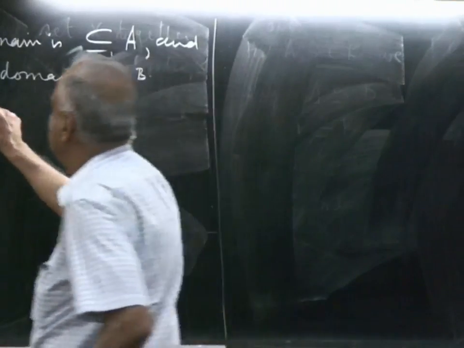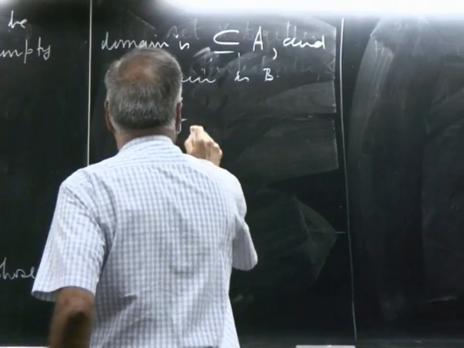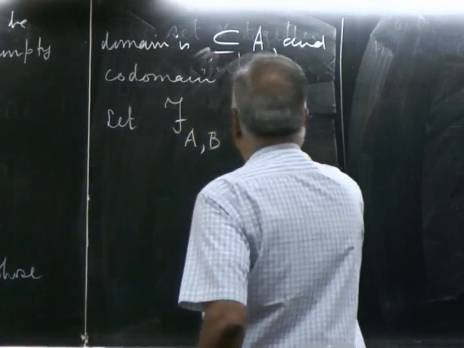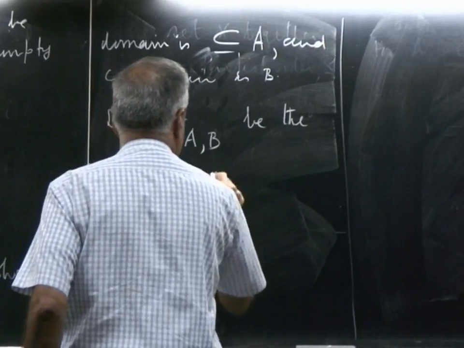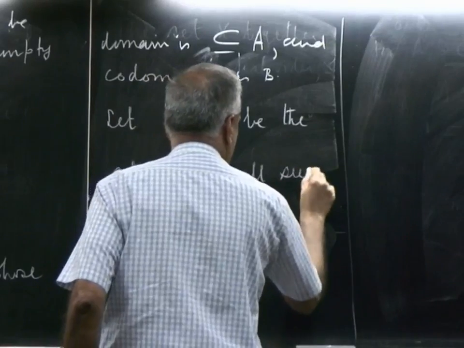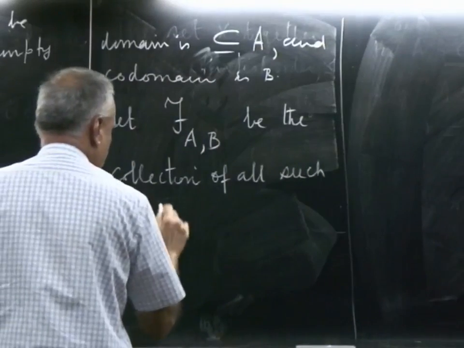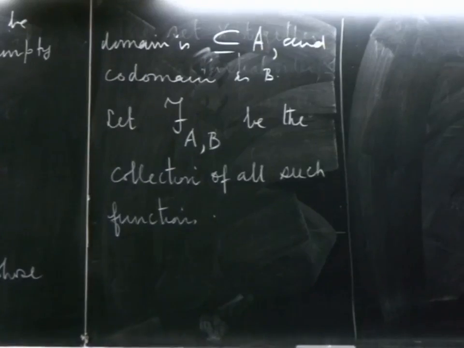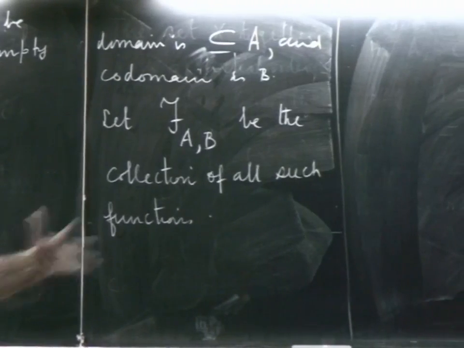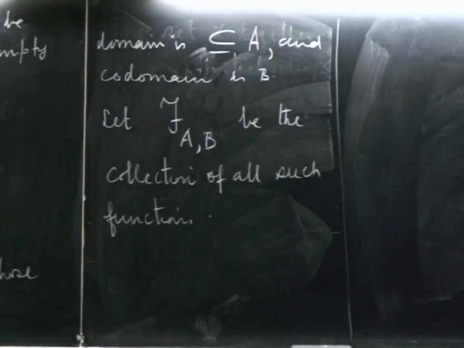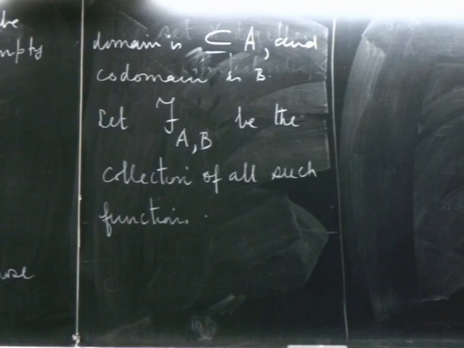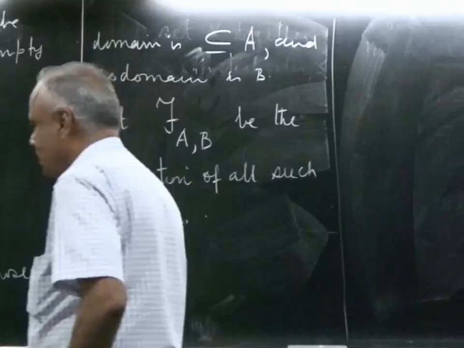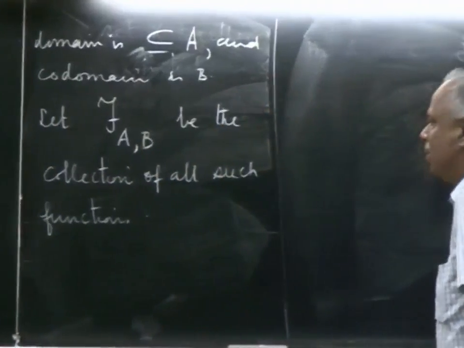Okay, so let F subscript AB be the collection of all such functions. It is all the functions whose domain is part of A and codomain is B, and that domain part may be very different for different functions. So, all possible functions whose domain is part of A and codomain is B. Is the definition clear? Okay.